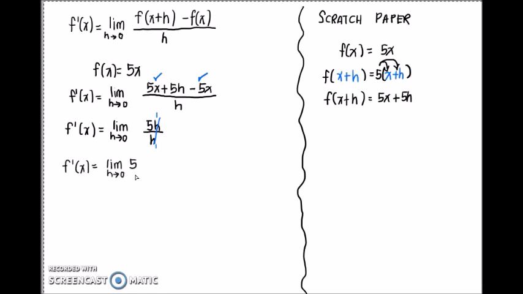So as you could see, we have another limit of a constant. And then again, the limit of a constant is the constant itself. So f prime of x is equal to 5, which means that the derivative of f of x equals 5x is equal to 5. Ta-da!